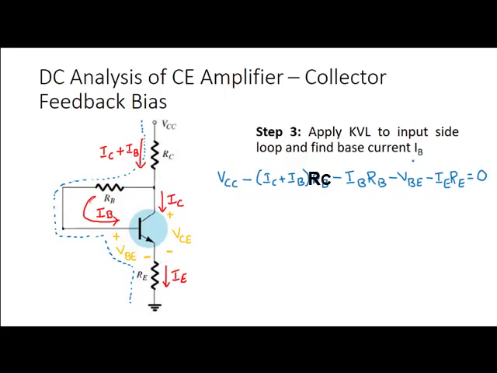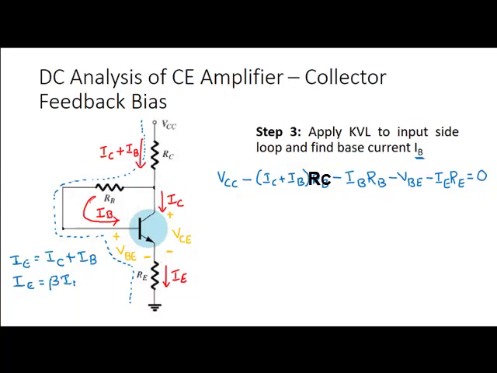Our job is to find the base current IB. So we should get rid of collector current IC and emitter current IE. And we know this equation in case of bipolar junction transistor: emitter current is always equal to IC plus IB, and I can write collector current in terms of base current using the current gain beta.